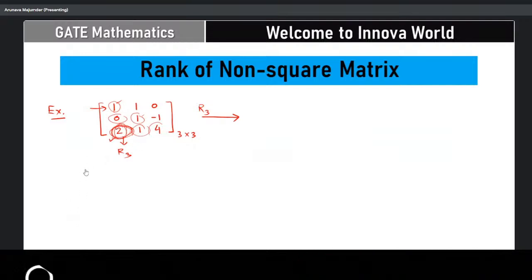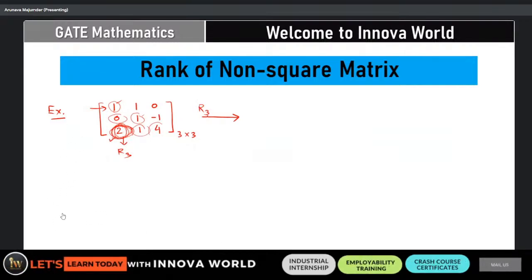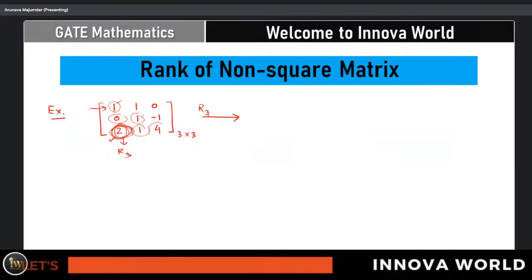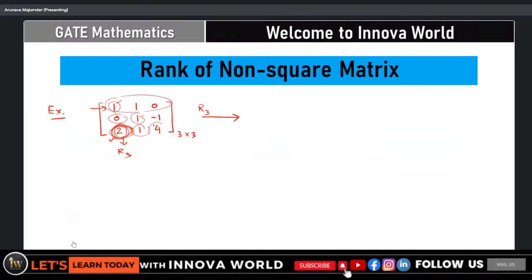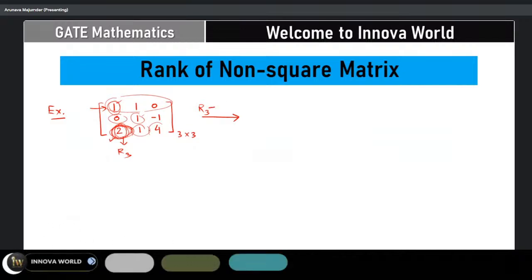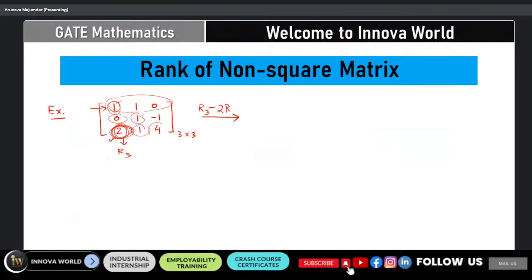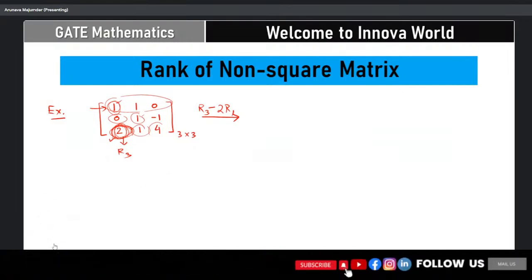So first we write R3, the row which is going to be changed. Now with respect to which row are we going to change? With respect to the first row. Look at this, this is 1 and this is 2, so simply we can make R3 minus 2 into R1.